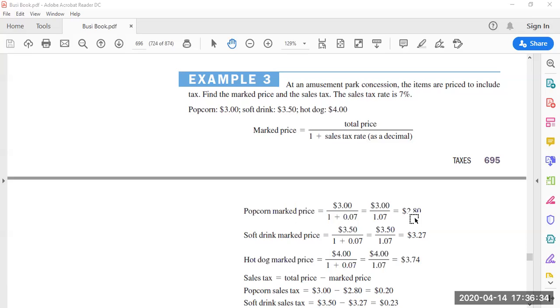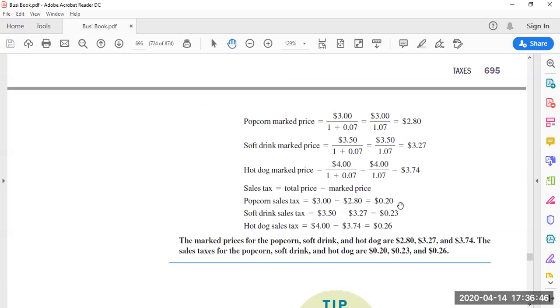Simply take the marked price and subtract it from the total price, and we'll be left with the amount that is taxed. So in these examples below, for the popcorn, soft drink, and hot dogs, we could simply subtract the marked price from the sales price or the total price, and the value left behind would be the amount that we paid for taxes.